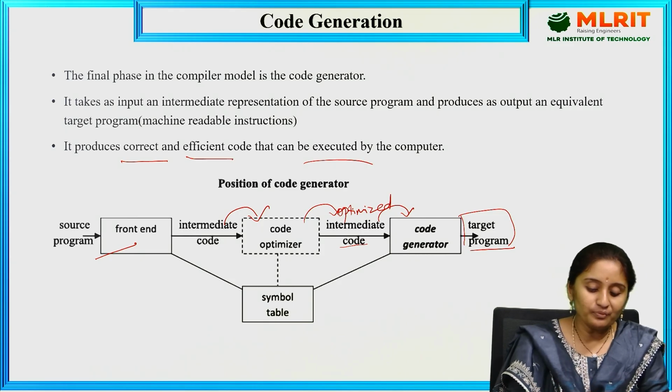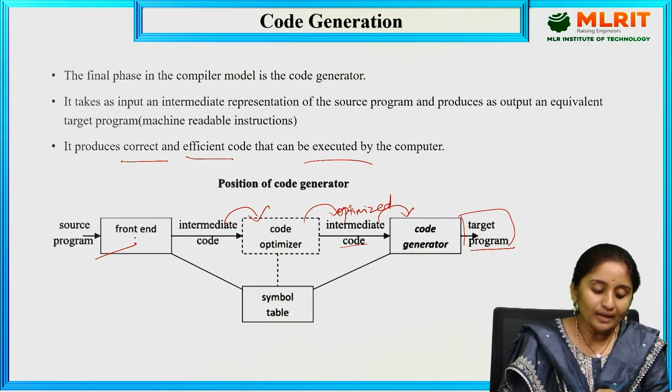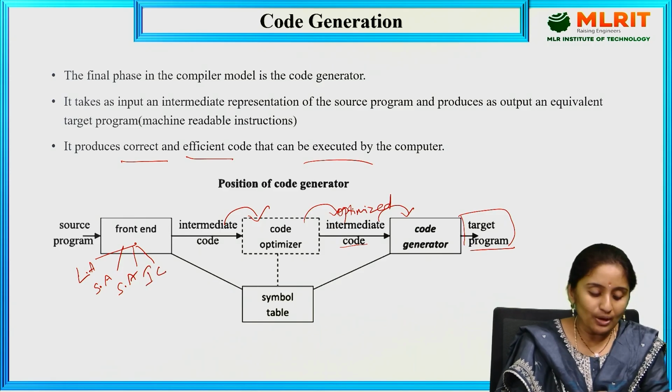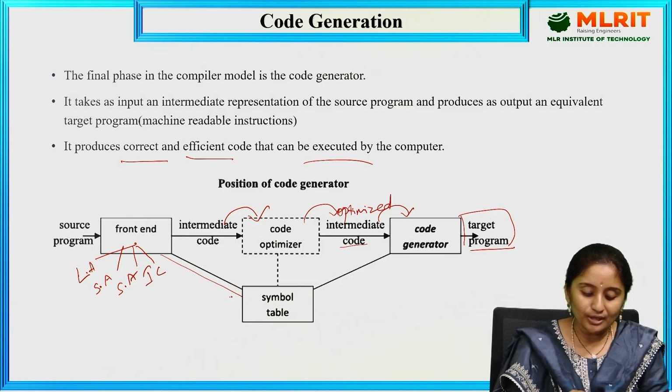Here the symbol table is connected to the front end. Actually, there are two phases, the front end and the back end. The front end consists of four phases: lexical analysis, syntax analysis, semantic analysis, and the intermediate code generator. All these four phases are connected to the symbol table.